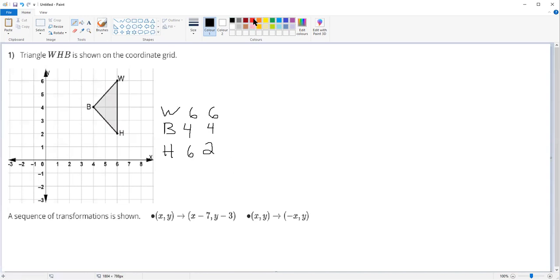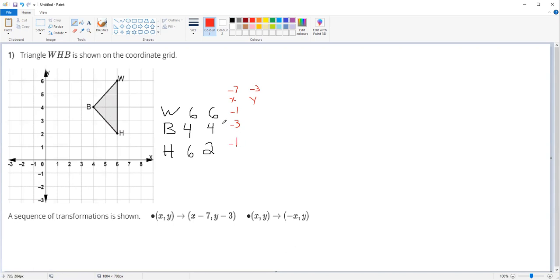Then I'm going to apply my first transformation. My first transformation is going to be X minus 7, correction, and Y minus 3. So my new X and my new Y will be determined as such. 6 minus 7 is negative 1. 4 minus 7 is negative 3. And 6 minus 7 is negative 1.